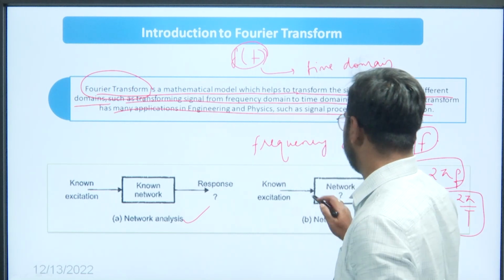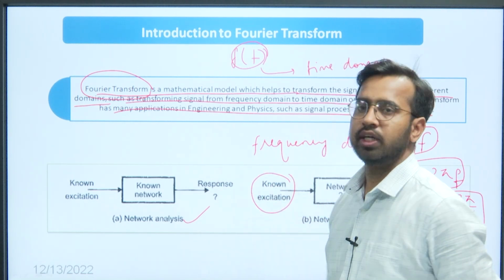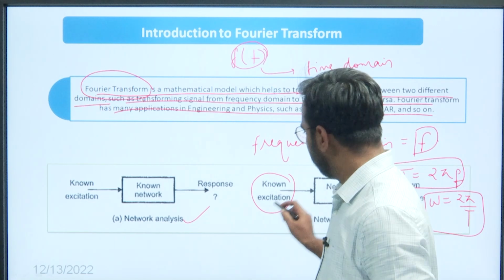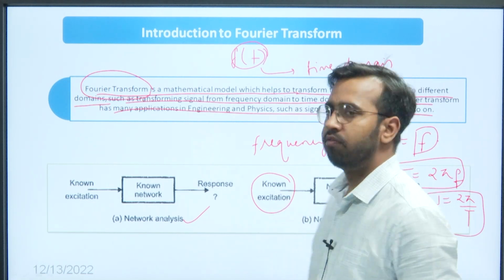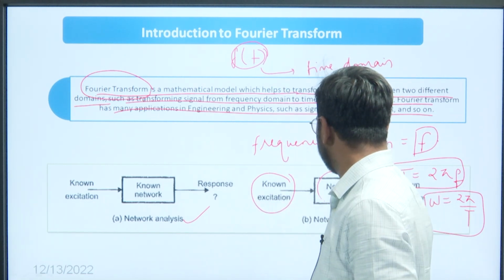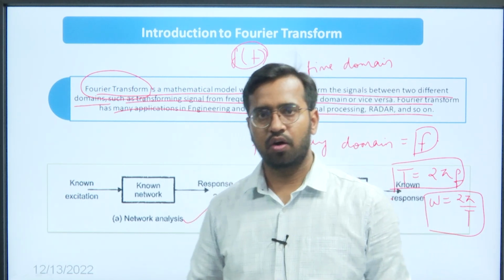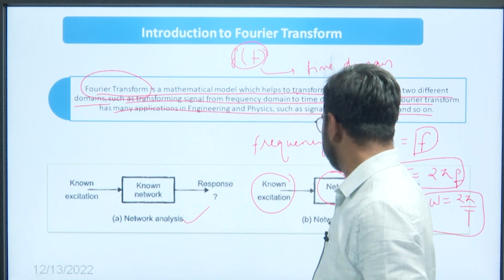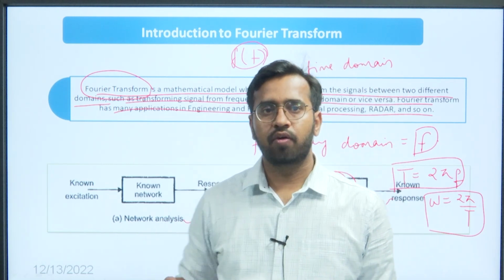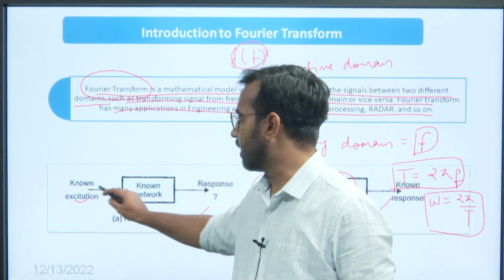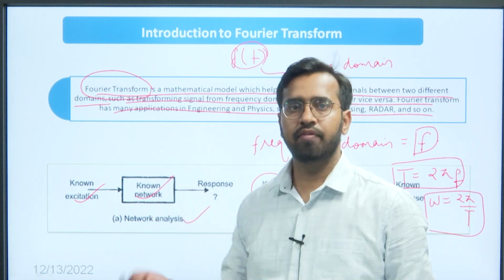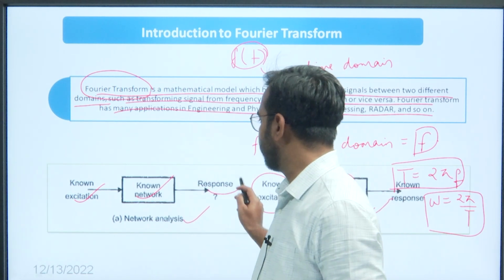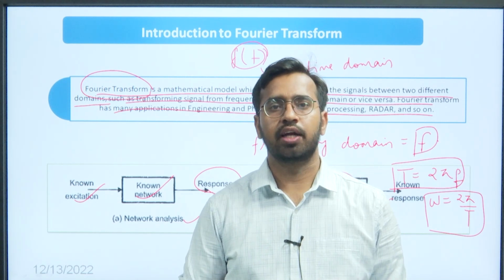Excitation is basically the input. When we know the input and the output, and we want to know what the network is, how it is going to behave, or what system is present within this box, it is called network synthesis. But when we have the excitation and we also have the system or network, and we are required to find the response, that is called network analysis.